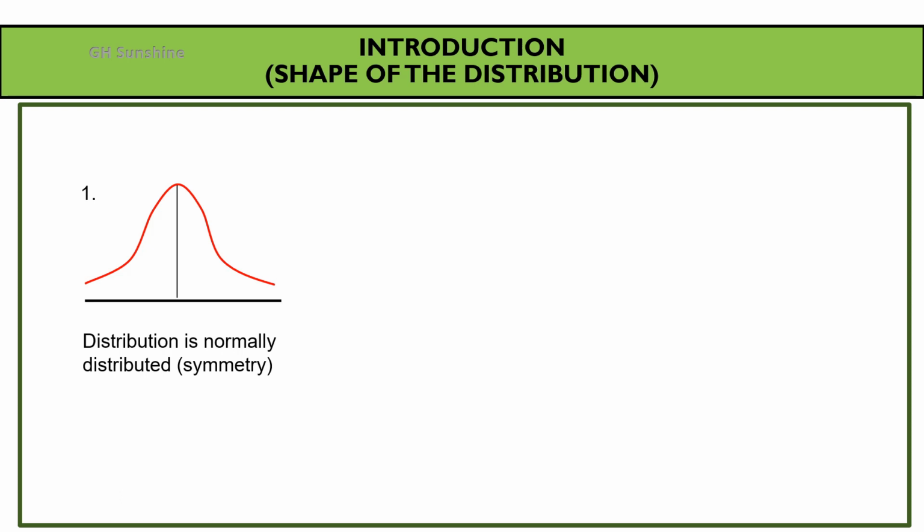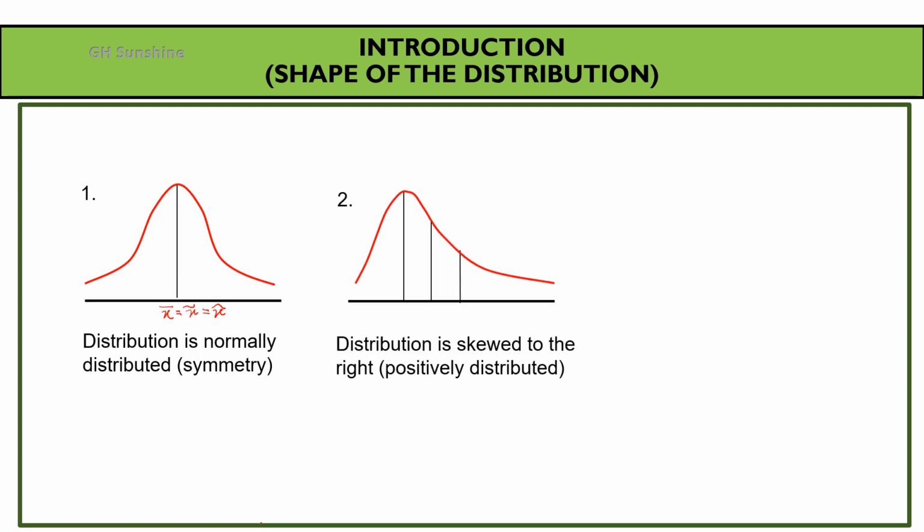It happens when the mean, median and mode have equal value and they are all at the center of the distribution like this. Mean equal to median equal to mode. So this one, first shape of the distribution.